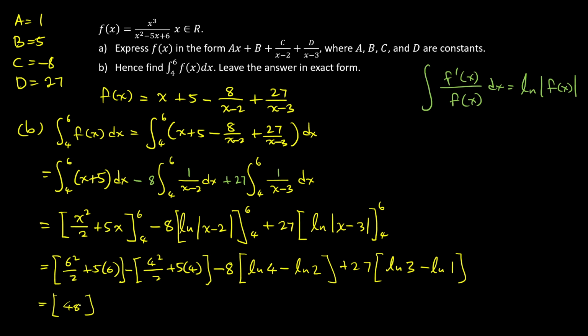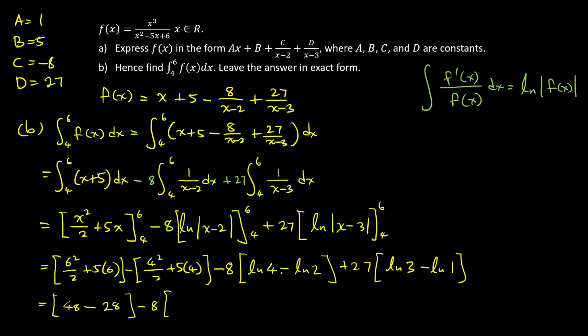I hope I do not make any mistake. Okay, correct. 18, 30, 48, correct, yes. Minus 4 squared is 16, 16 over 2 is 8, 8 plus 20 is 28. Minus 28.